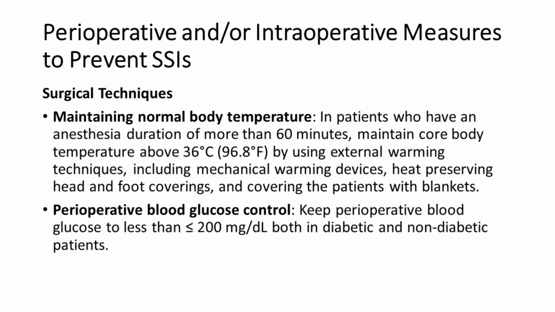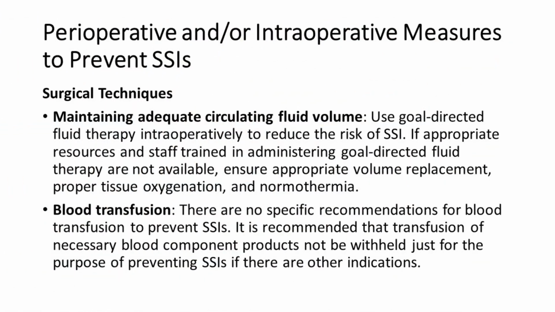Perioperative blood glucose control level is needed, so keep the blood glucose less than 200 mg per dl, both in diabetic and non-diabetic patients. Maintain adequate circulatory blood fluid volume. Use goal-directed fluid therapy intraoperatively to reduce the risk of SSIs.